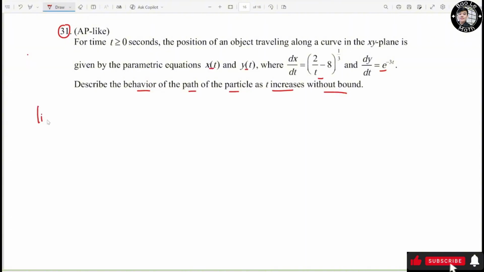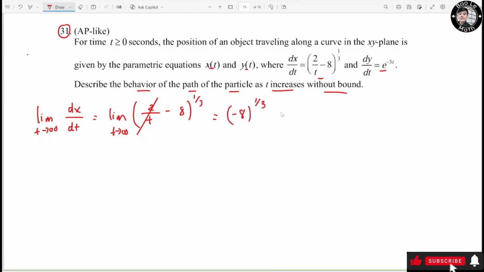Basically, we have the limit of dx over dt when t approaches infinity. It's going to be the limit of (2 over t minus 8) to the power 1/3 when t approaches infinity. When t approaches infinity, this approaches 0, so we only have negative 8 to the power of 1/3. It's going to be negative 2.